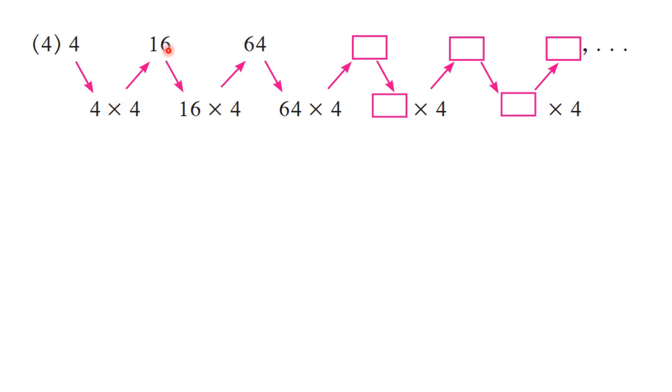But when the division of two terms is constant, it is called a geometric progression. See, 16 divided by 4 is 4, 64 divided by 16 is 4, 256 divided by 64 is 4. So here the difference is not constant, but the ratio, or the division, is constant. Such a sequence is called a geometric progression or GP. In higher standards you are going to learn about that, but in this chapter we are going to think only about arithmetic progression, that is AP.